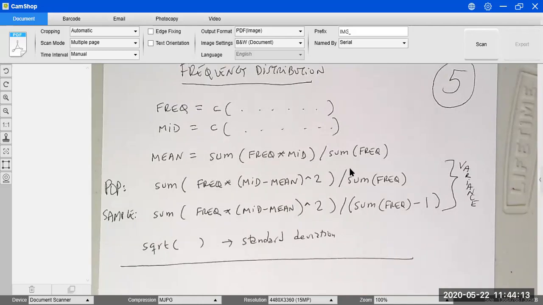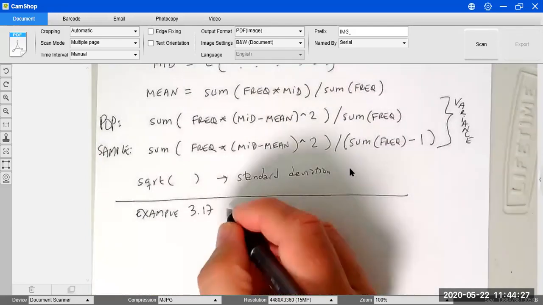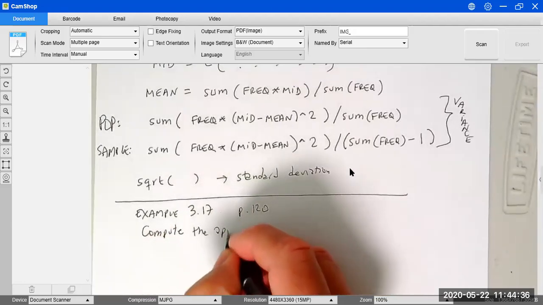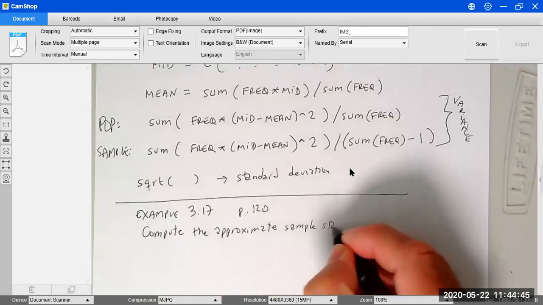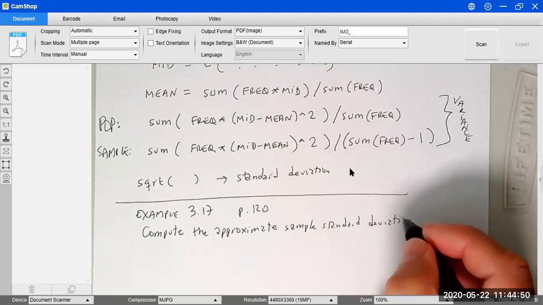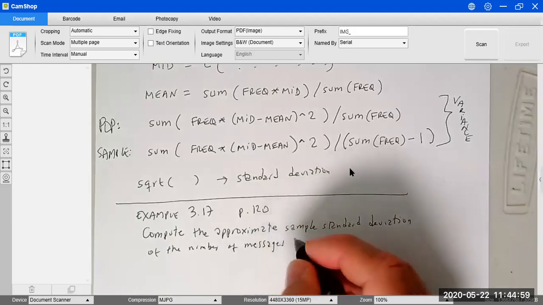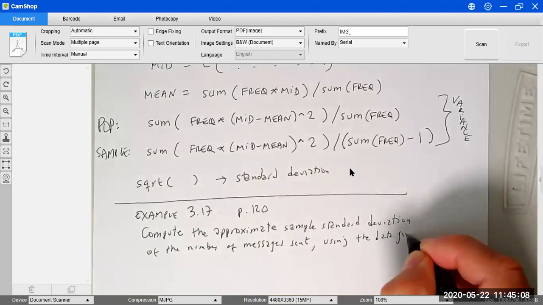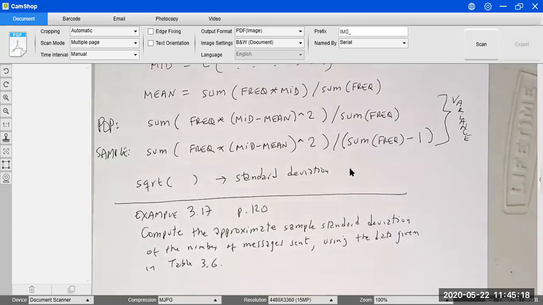We're going to work on example 3.17, which is on page 120, and they say that we're going to compute the approximate sample standard deviation of the number of messages sent using the data given in table 3.6. That table is on the previous page, page 119.